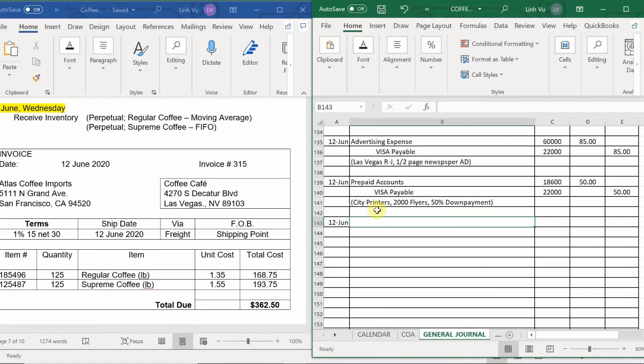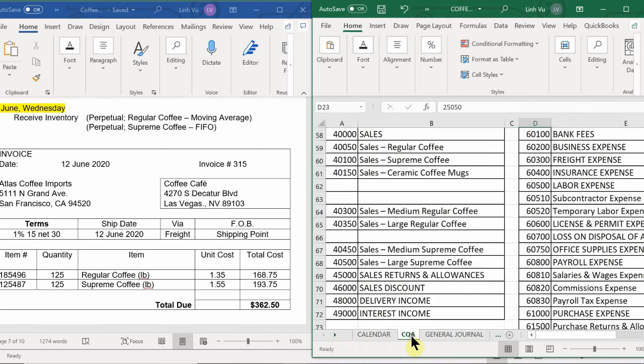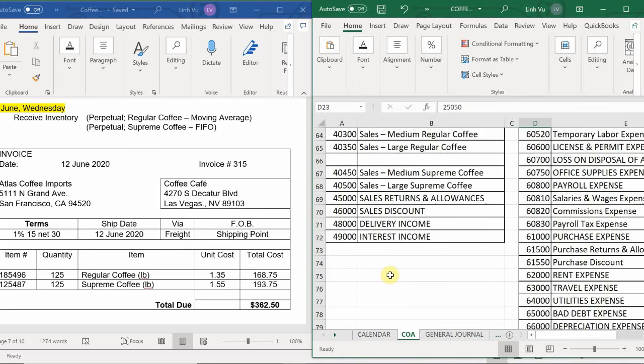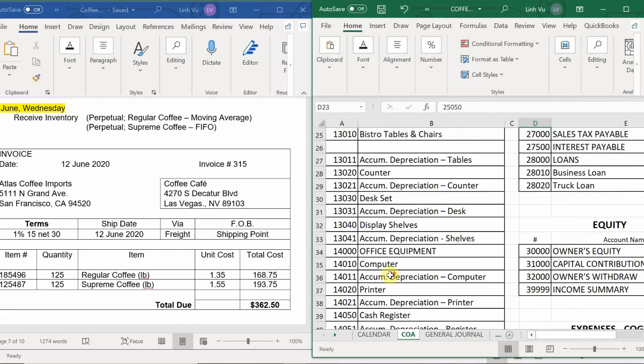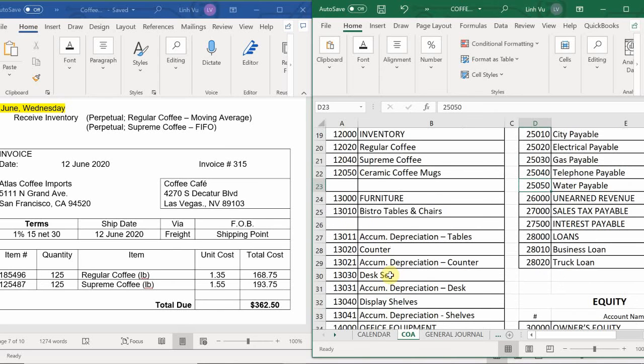All right, let's take a look at my chart of accounts. What is the specific account that I have, and what account number?